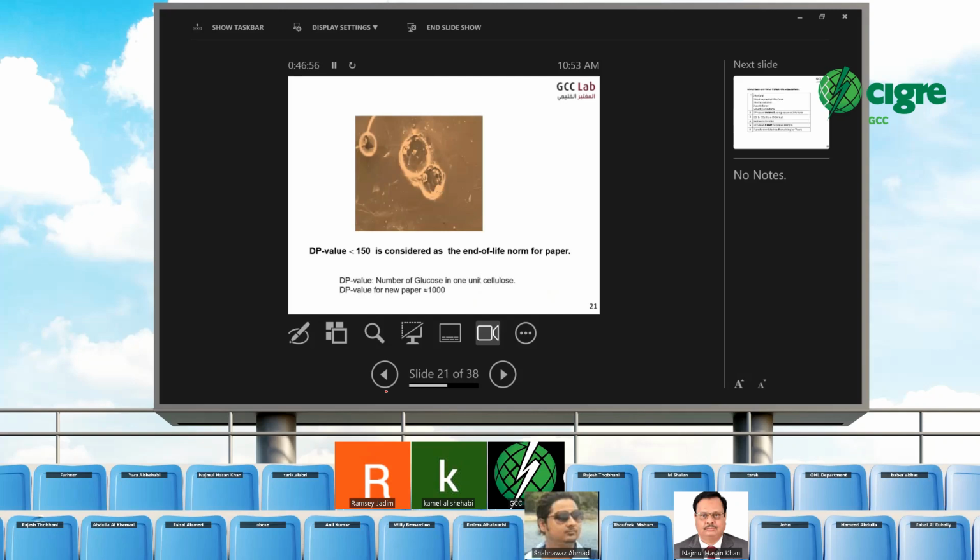The normal for a new one is around 1,000, between 800 and 1,200. So around 1,000 DP value. DP value depends on the number of glucose parts of the paper. They calculate it like this.